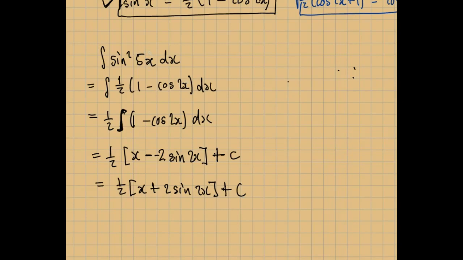If it was an x, then we would have it exactly like this. So it's a 5x. In other words, that 2x we had, we multiplied by 5, only in your trig identity. So if I were to change, I would have half of x plus 2 sine 10x plus c.